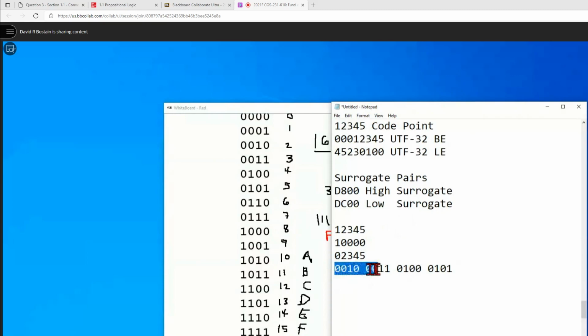Okay, now that we have this number, we need to make sure that we can combine it to make our two numbers that need to be added to the high surrogate and two numbers that would be, well, one number ultimately, but it works out to be two numbers, added to the low surrogate. So what we're going to have to do is take and split this number into parts that we can work with.